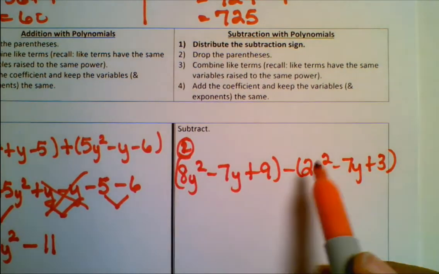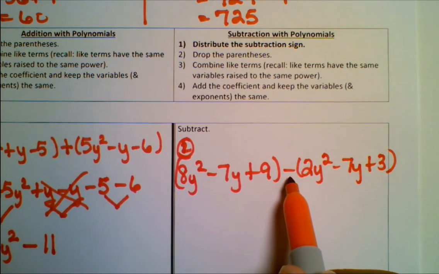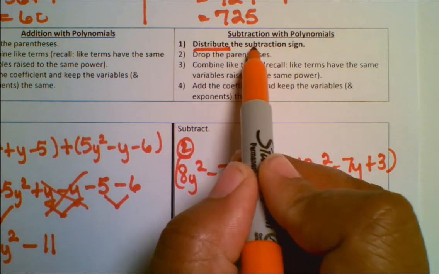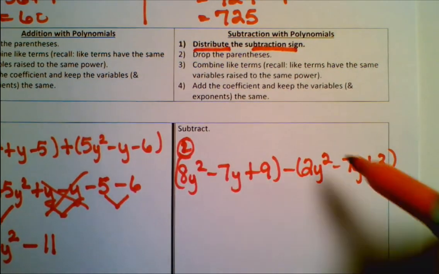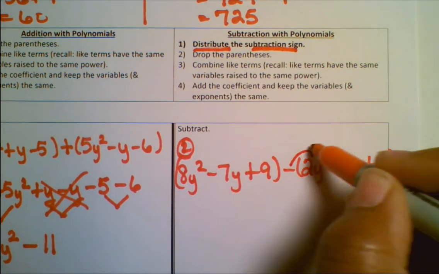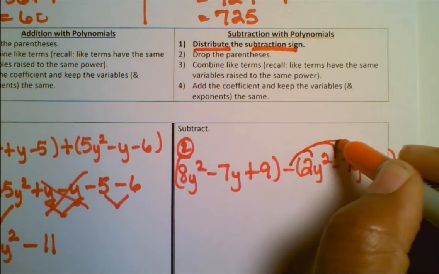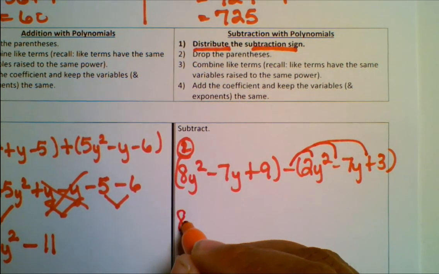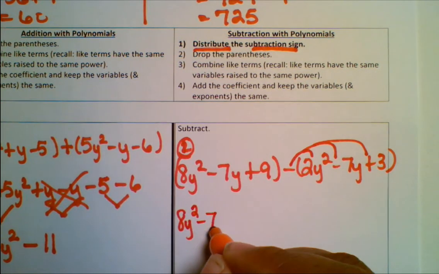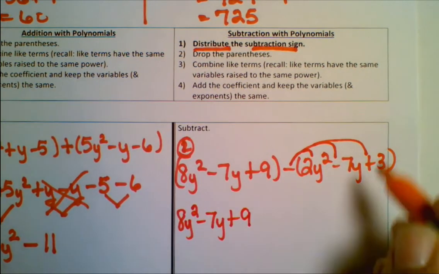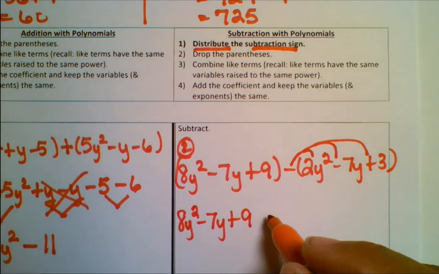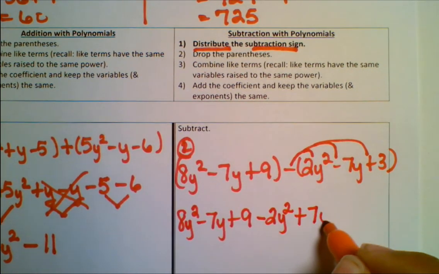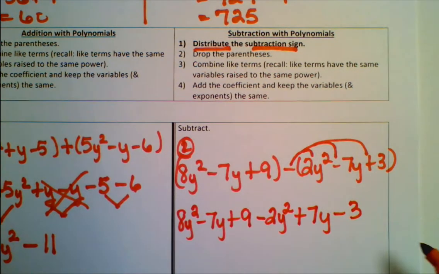With subtraction, anytime there's a minus sign in front of a parenthesis, you have to distribute the subtraction sign. Since we have a trinomial after this minus sign, we're going to distribute that negative. Bring down the first set of terms in the first parenthesis. Distribute the negative. We have negative 2y squared, positive 7y, and minus 3.